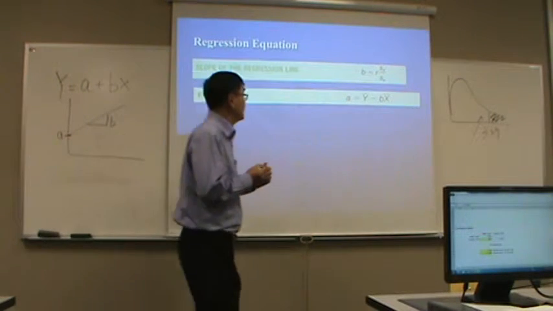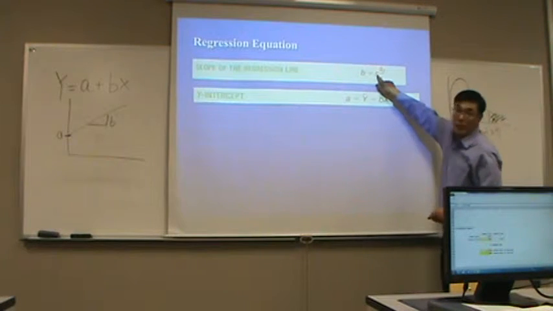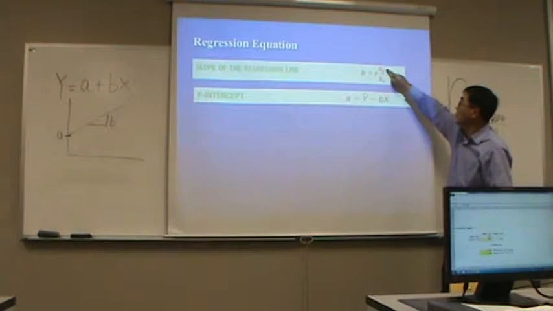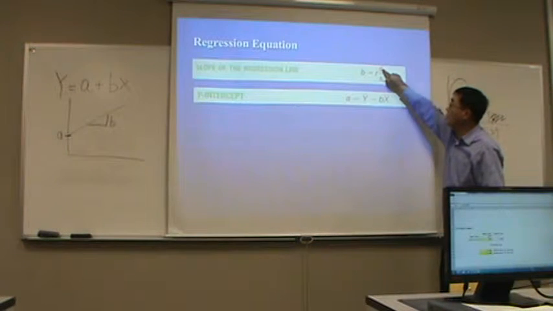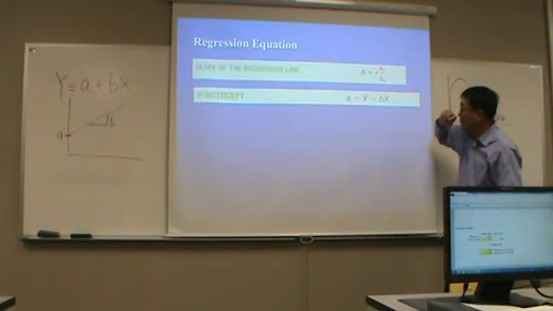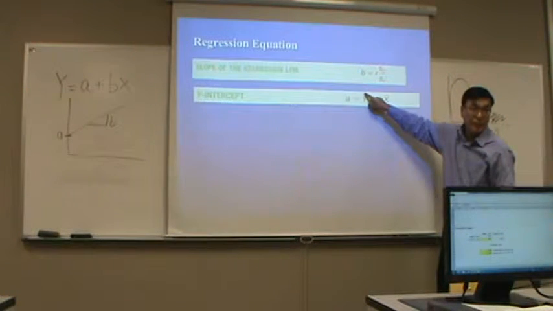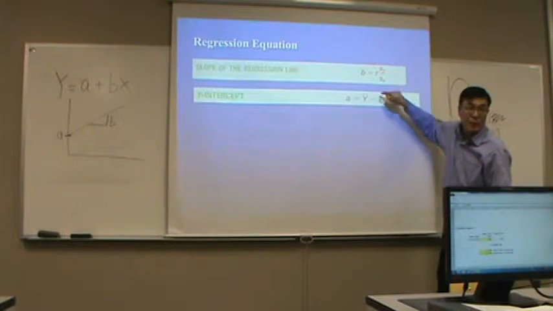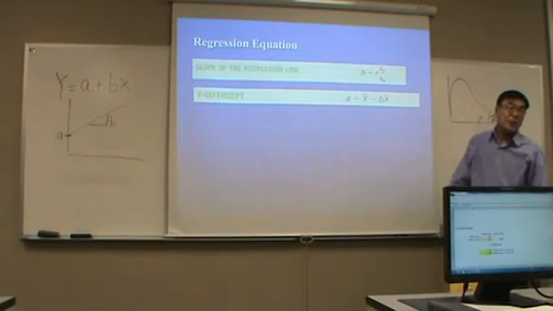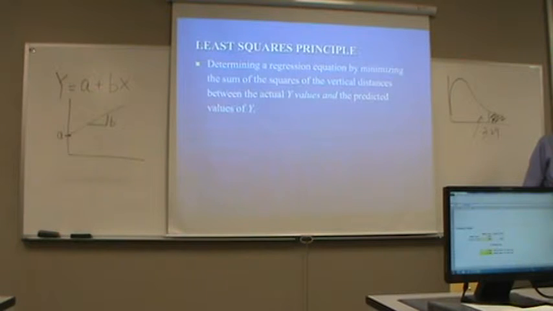So to find slope, b equals r, you know r, right? times the standard deviation of y divided by the standard deviation of the x variable. And then intercept a equals y bar, the mean of the y dependent variable, minus b slope times x bar, the mean of the x value. This is what we call the least squares principle.